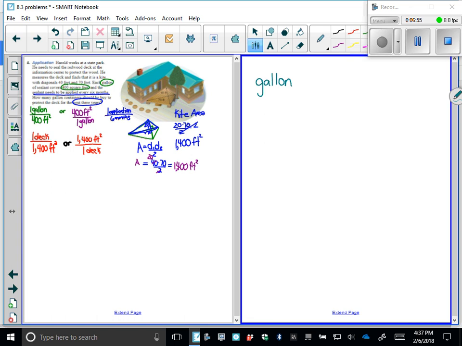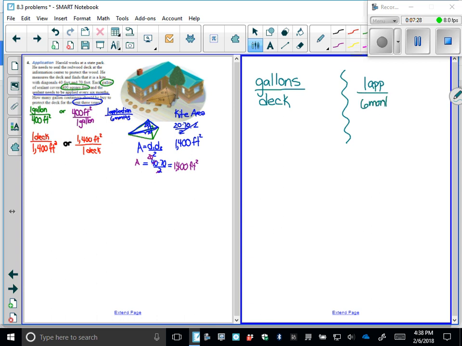It's asking how many gallons I need to protect the deck. So basically, I want to figure out the gallons per deck. And then I'm going to figure out the second part. The second part is that if I know for one application it would only last 6 months.